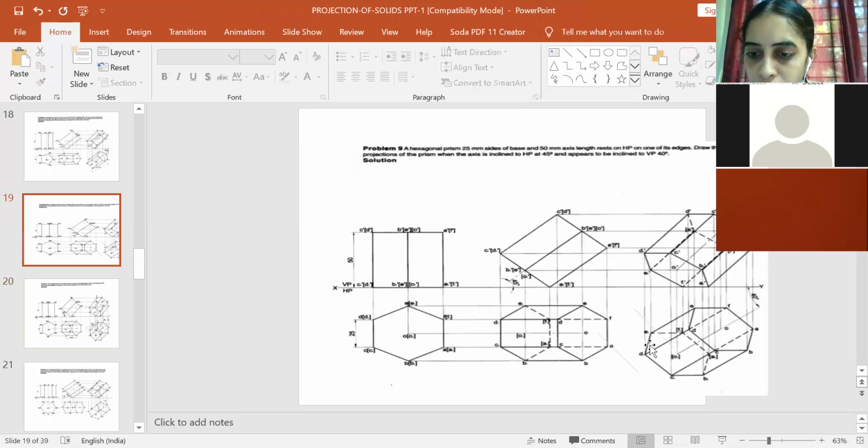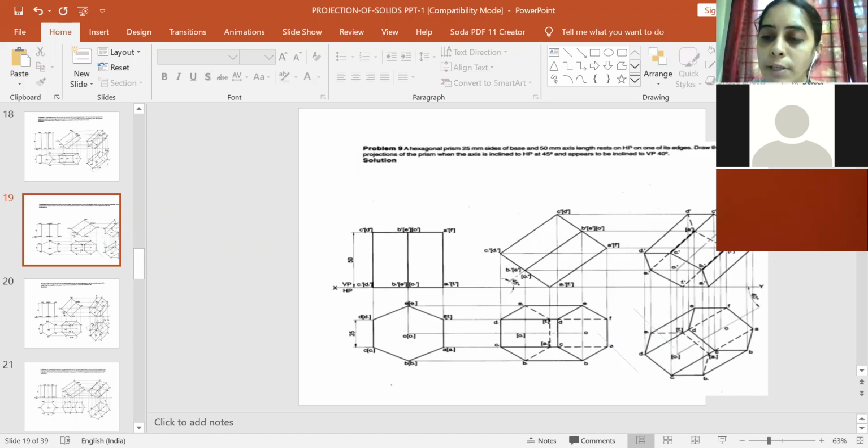So now the projection from E1, you will extend the projection from D1, the projection from C1, the projection from B1, the projection from A1, the projection from F1 and the projection from O1. After extending, you will extend the projection also from the top surface. So this is our A. You will extend the projection from B, from F, from E, from D and from C. So you extended all the projections from each point.